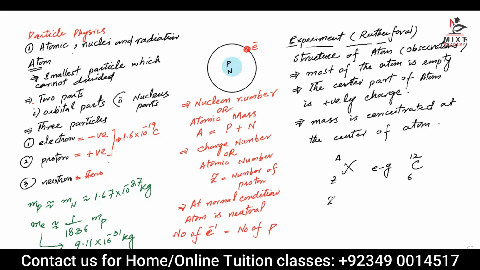So Z is the charge number, which is 6, and the atomic mass is 12. If I ask you to find the number of neutrons, the charge number is subtracted from the atomic mass, so you get 12 minus 6, which comes out to be 6. This question can be possible in the paper.